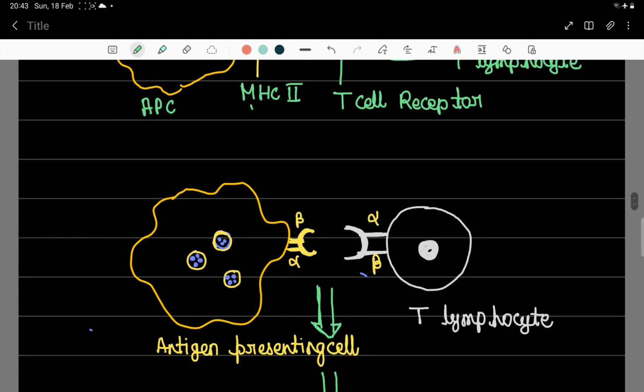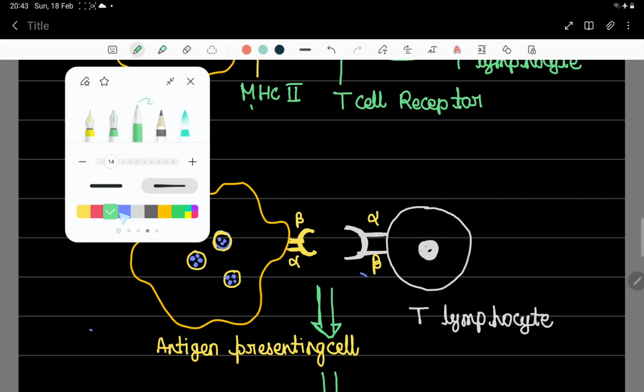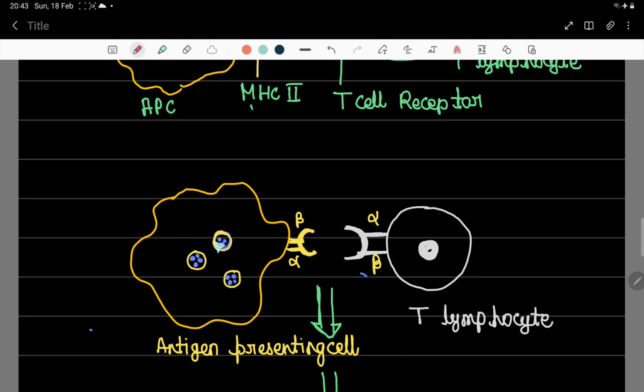Now in the second condition, we have one superantigen. This is one antigen presenting cell, and as usual it is presenting some antigen to T lymphocytes. T lymphocytes have the T cell receptor, and this is MHC second.